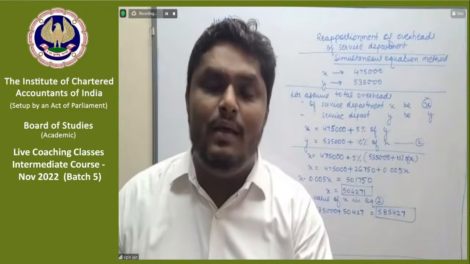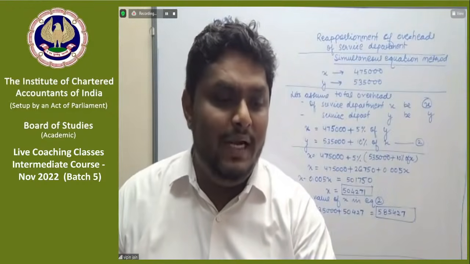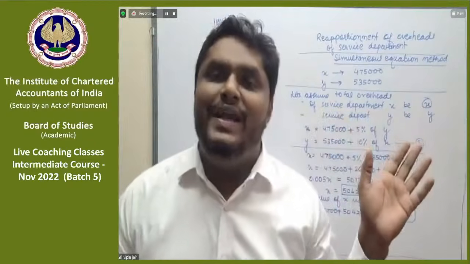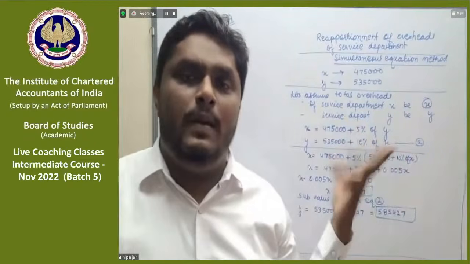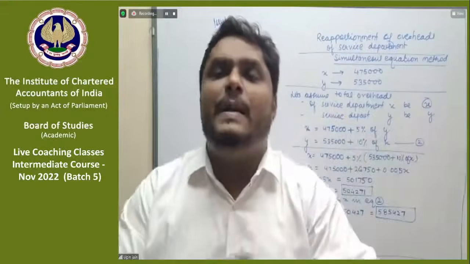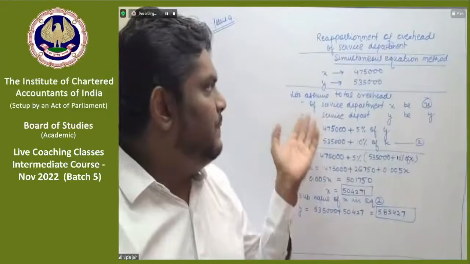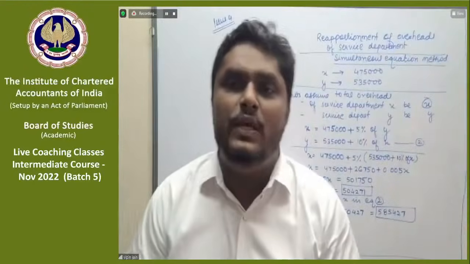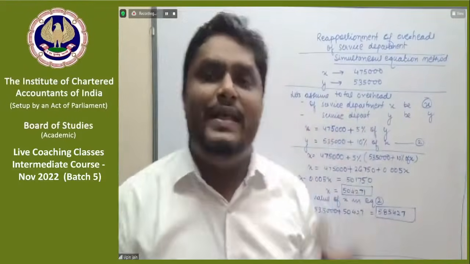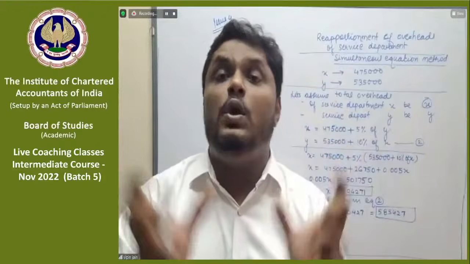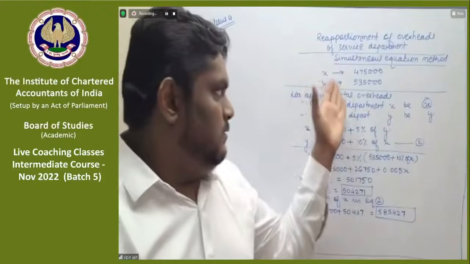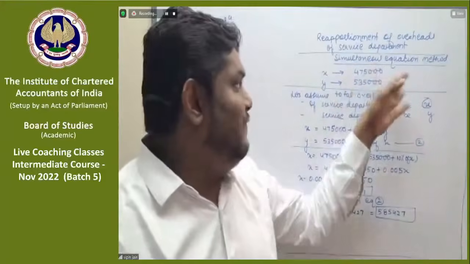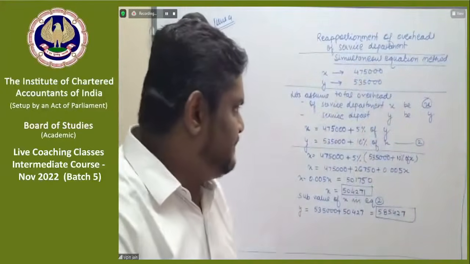Jyoti, can you please elaborate your query because I'm not getting what you are asking. I repeat again, when it is a reciprocal approach, the service departments are providing services to each other. There are various methods for this. One method is the simultaneous equation method, with the help of which we calculate the total overheads of x and y. The overheads as calculated after distribution are 475 and 535.